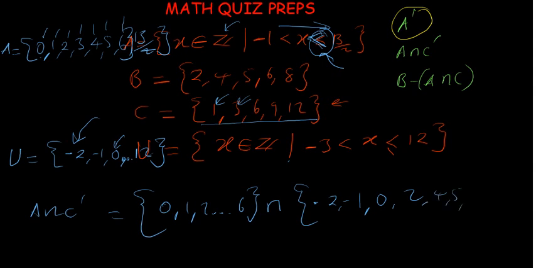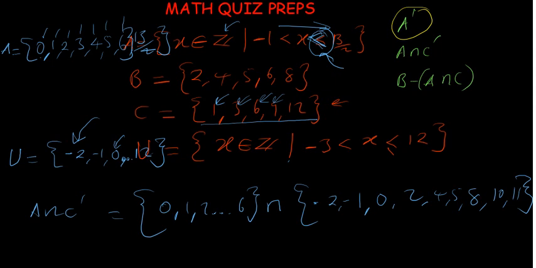And then we have got 6, so we are not going to put it. And then we have got 8 outside this C. And then 9 will be removed. Okay. And then we have got 10, which is not in C. 11 is also not in C. But 12 is in C. It is also in the universal set, so we are not going to put it. So these are the numbers which are outside the set C, but they are in the universal set.